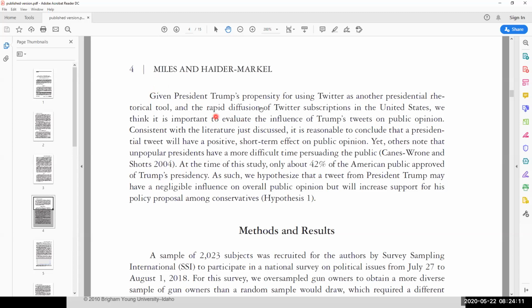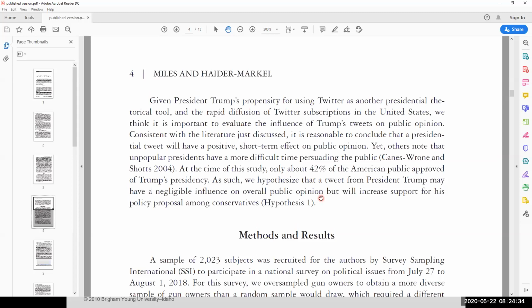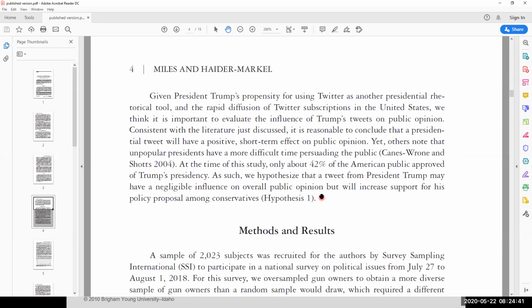Given that he uses Twitter a lot, maybe he wants to raise his approval ratings, or maybe he wants to persuade people. We hypothesize that a tweet from Trump will probably not have an effect on overall opinion, but among his base, it probably will increase public opinion. So that's it, a really simple, easy literature review.